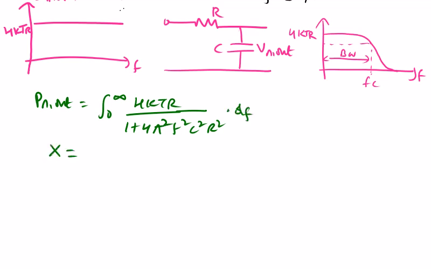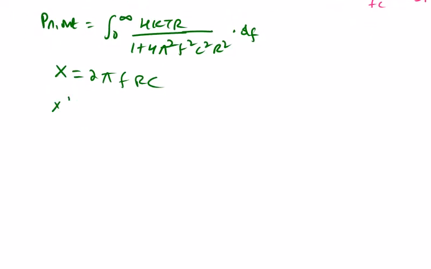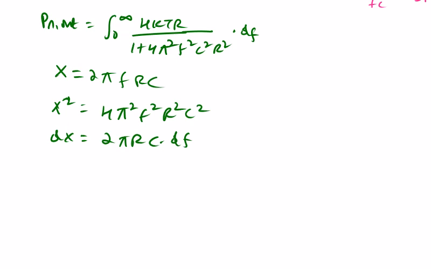So what is x? x is nothing but 2 pi f R C. So x square is equal to 4 pi square f square R square C square. So my dx is equal to 2 pi RC into df. This 2 pi RC is a constant, right? So my df is equal to dx divided by 2 pi RC.